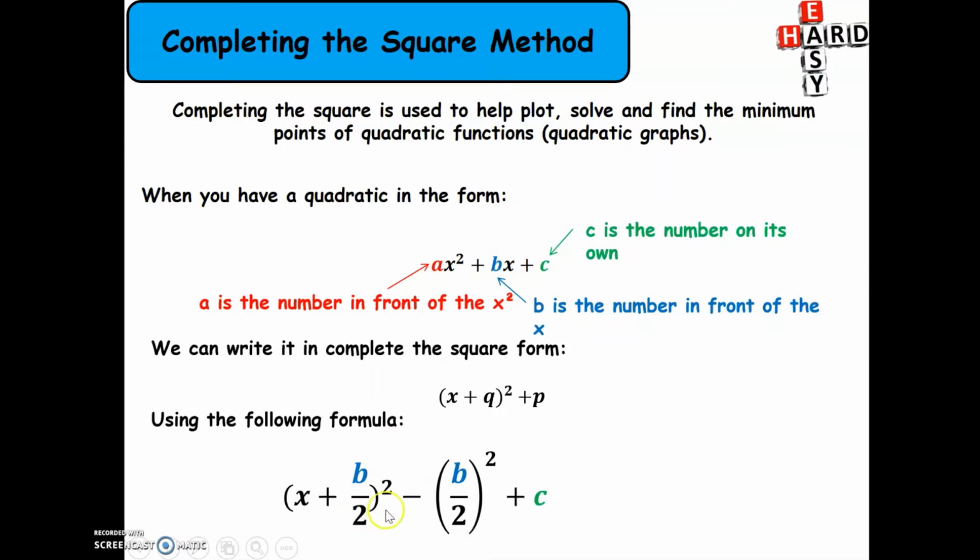So I'm going to half the coefficient of x, minus half the coefficient of x squared, plus the constant c. Let's see how we are going to apply the formula to complete the square.